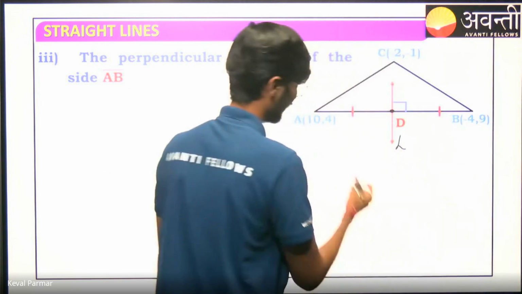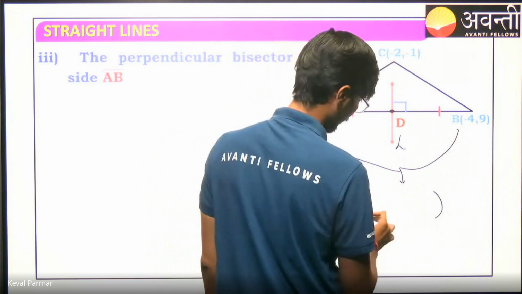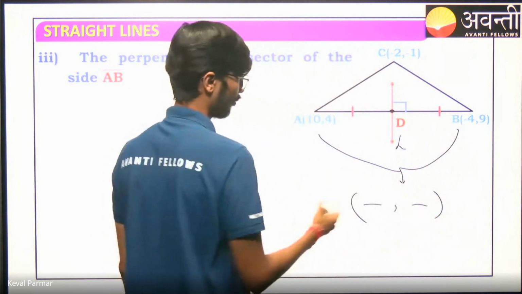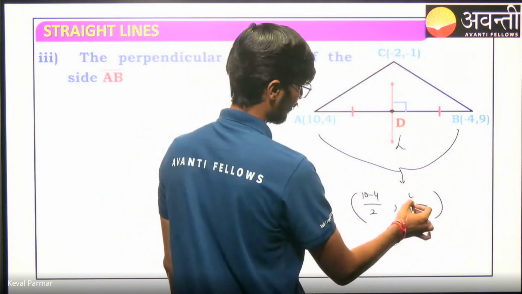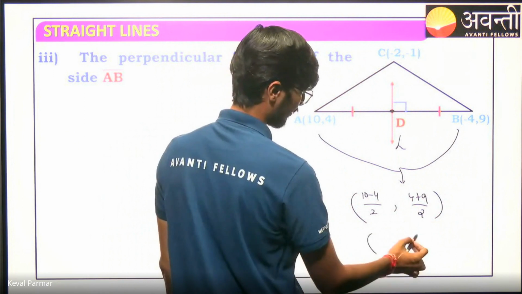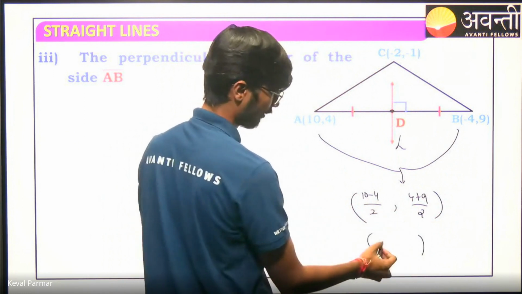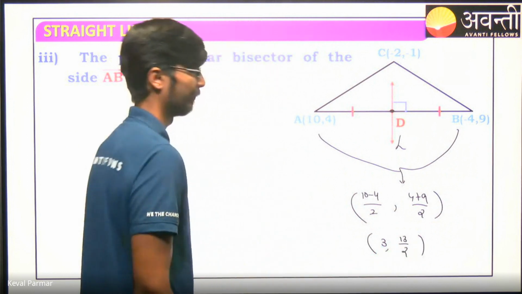So let me use the formula here only. What is the midpoint formula? Add upon 2. So 10 minus 4 upon 2, and here 4 plus 9 upon 2. So 10 minus 4 is 6 by 2, which is 3. 4 plus 9 is 13 by 2. This is my point.